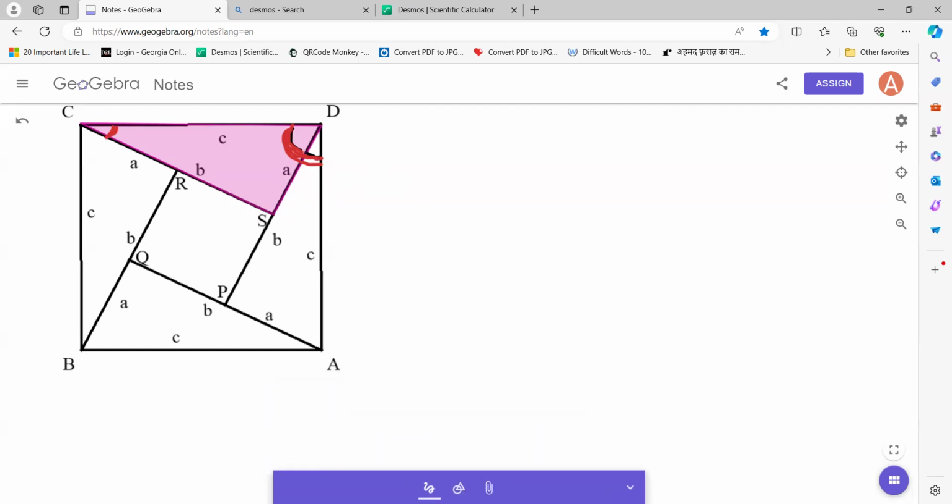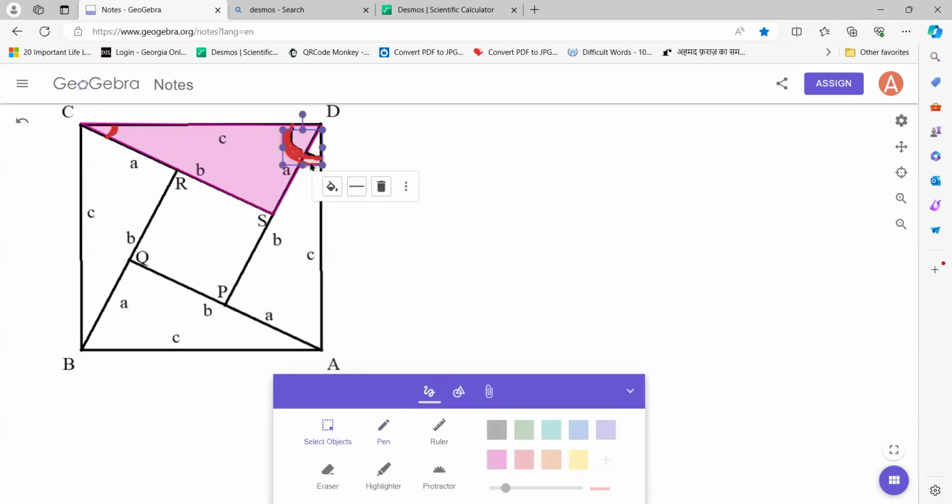In a similar manner, we can prove that the shape PQRS is also a square. If this is 90, this has to be 90. Exact same argument, all four angles. So this shape, PQRS, let's shade it so that we can focus on it.